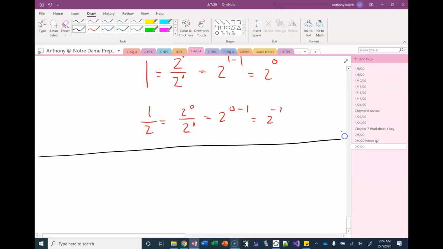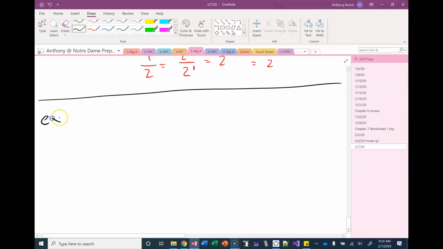All right. So let's look at some examples and show you how we can use these properties in conjunction with our new definition for a radical to simplify some radical expressions that we could not do beforehand.